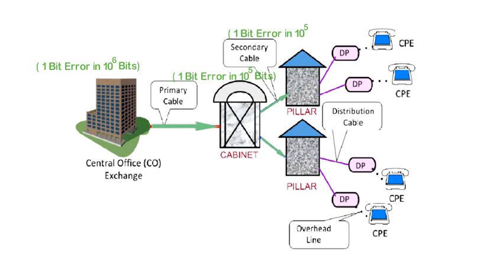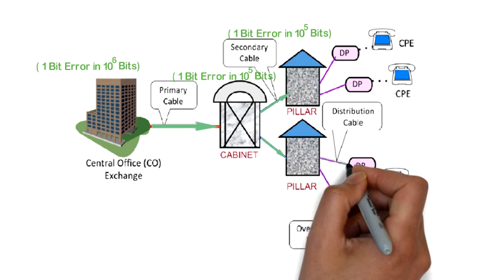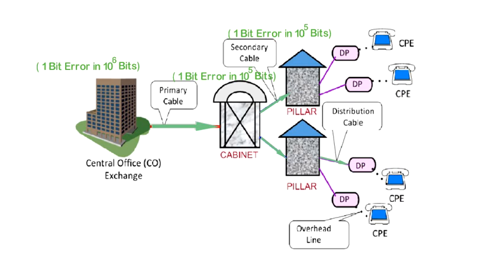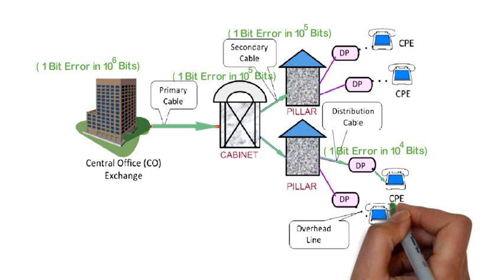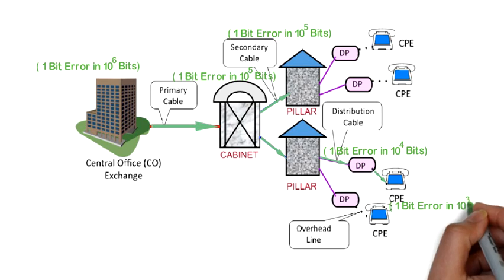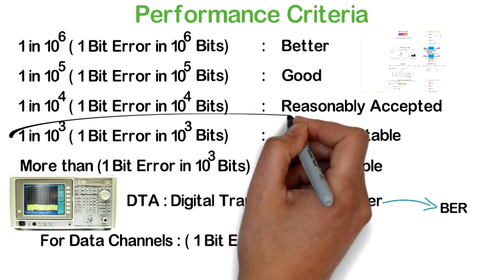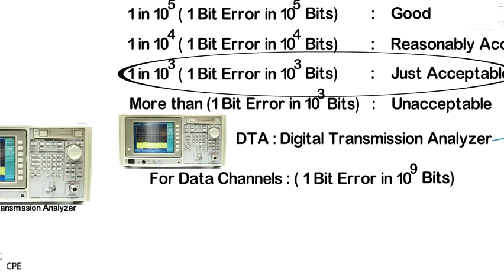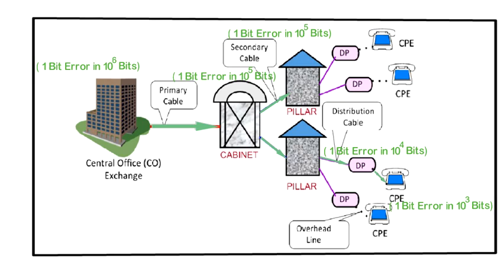If information or signal moves with this performance, that is 1 in 10 to the power 5 towards distribution point, performance may reduce to 1 in 10 to the power 4 due to different types of losses. Now, if it continues towards CPE, that is customer premise equipment, performance may further reduce to 1 in 10 to the power 3 due to different types of losses, which is just acceptable performance. Means, in this situation, customer receives acceptable quality.